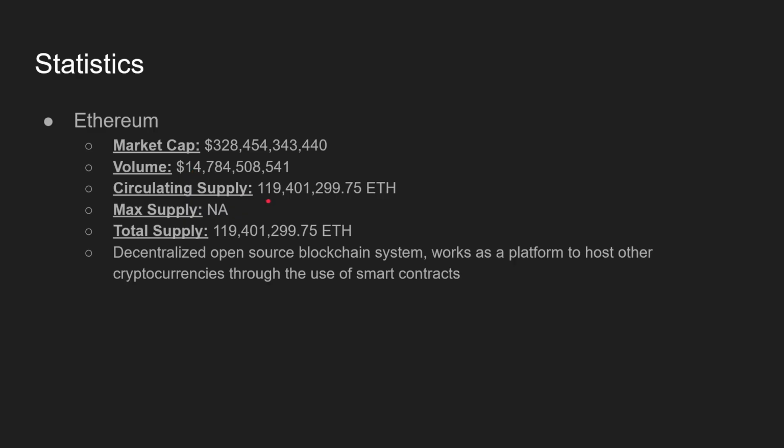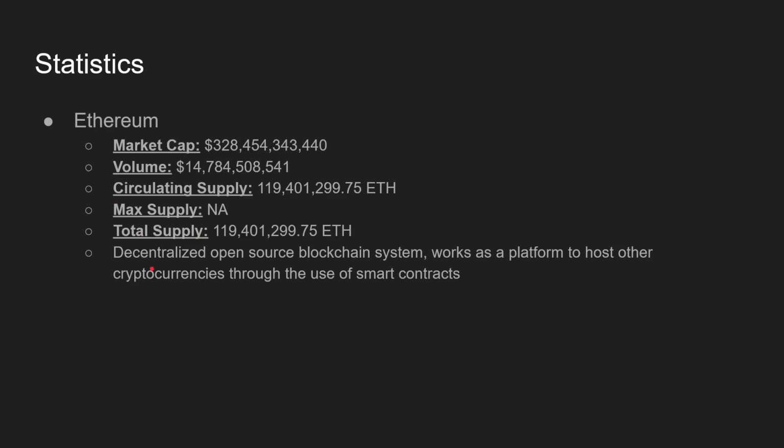Circulating supply, 119 million Ethereum. There is no max supply identified as per the developers, and the total supply is equivalent to the circulating supply. This is handled differently, varying from coin to coin, so something to keep in mind. These statistics are not always the same.